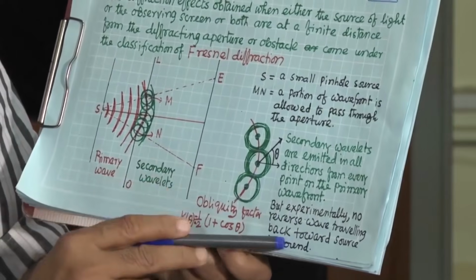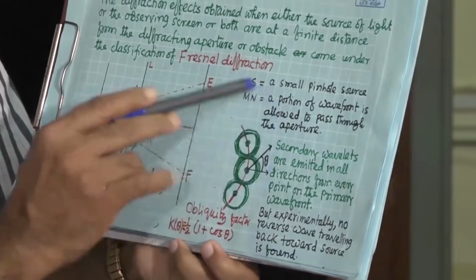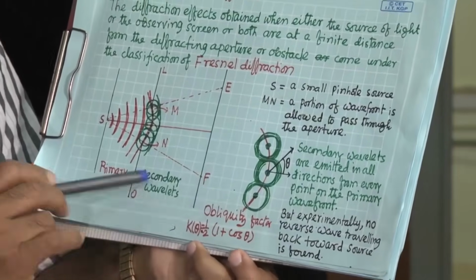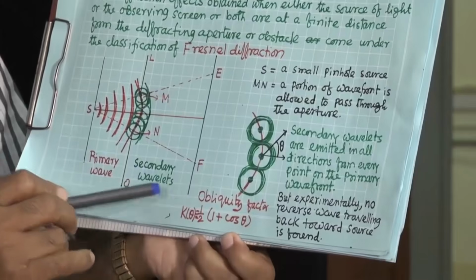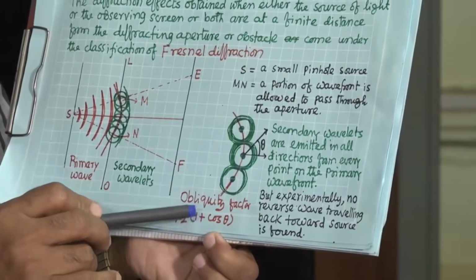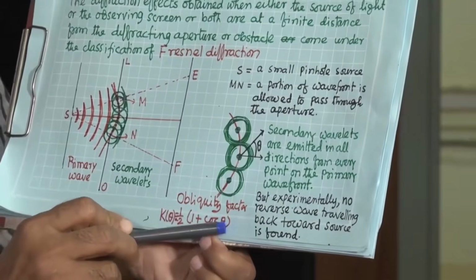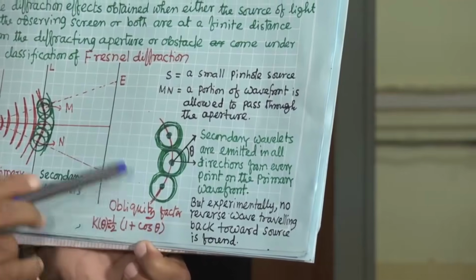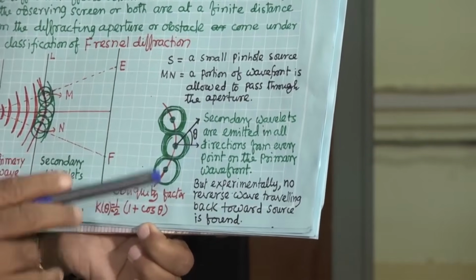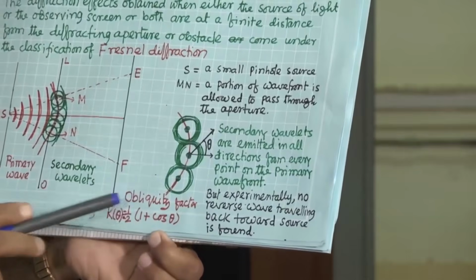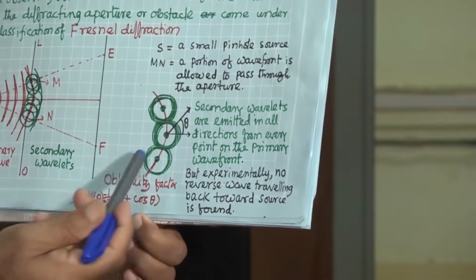That is why in the theory an obliquity factor is considered: K(theta) equals half of (1 plus cos theta). For forward motion theta is 0, so cos theta is 1, and the factor is half of (1 plus 1), which is 1.